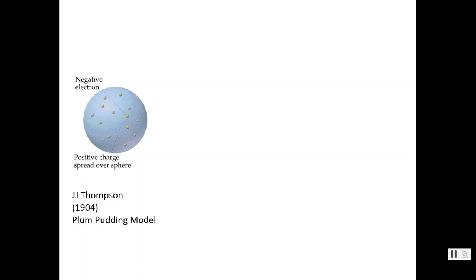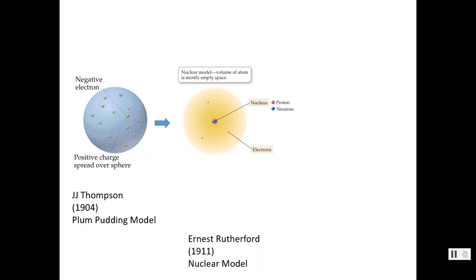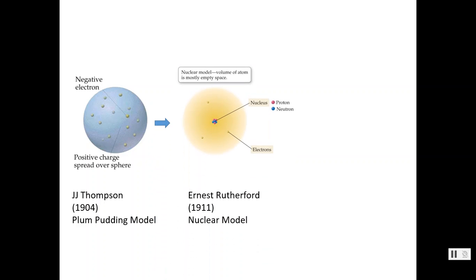Okay? So we moved from this blueberry muffin or plum pudding model in the early 1900s to a model from Ernest Rutherford just a few years later in 1911. The main difference between J.J. Thomson and Ernest Rutherford's model is what the electrons are doing.